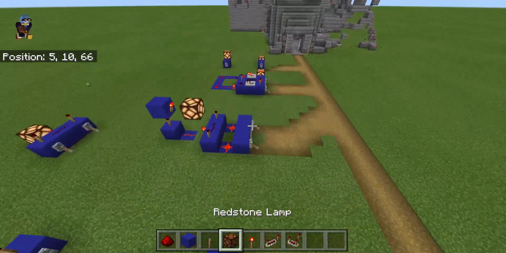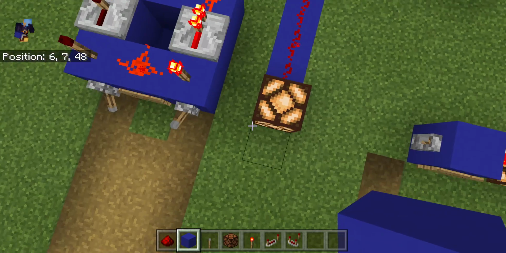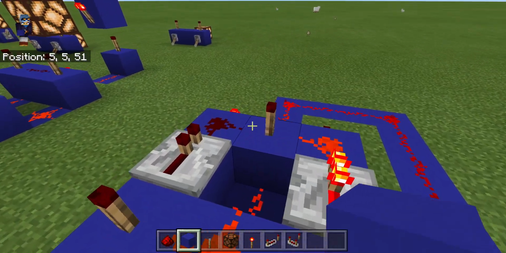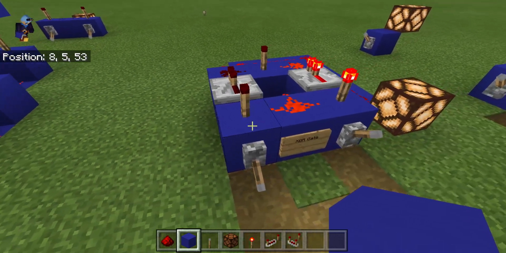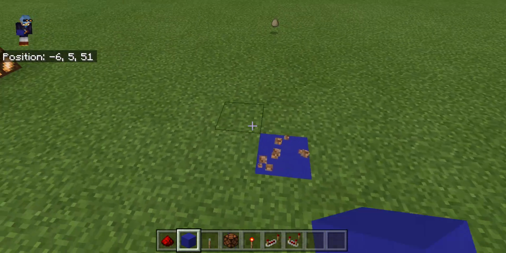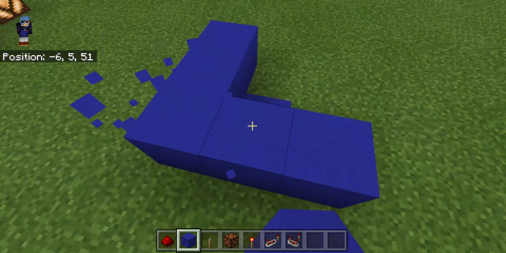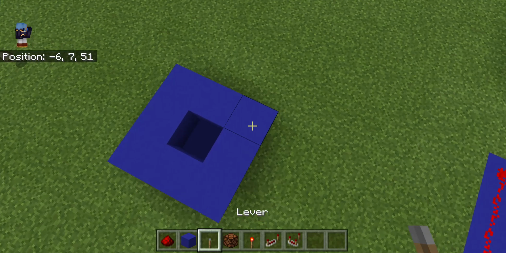Onto the XOR gate. Now this might look a little intimidating, but this is just the output trail. I should have made a different color, but it's too late for that. So what you're gonna want to do is break a hole. Well, I'm just using this as a demonstration on where I'm gonna place my redstone. Literally, this is all the space you need.